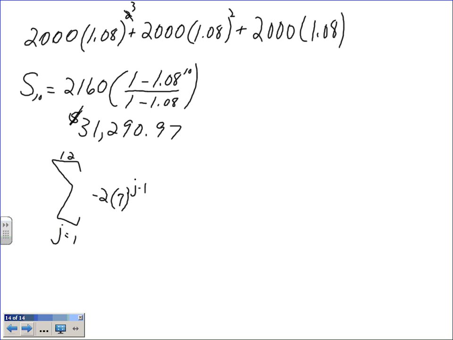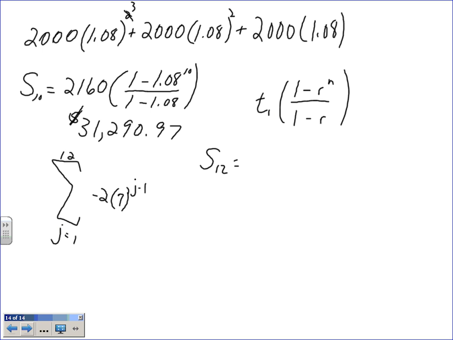Okay. This is asking you for the sum of the first 12 terms. Well, what do I need? My formula, I need the first term. My formula is T1 times 1 minus r to the n divided by 1 minus r.